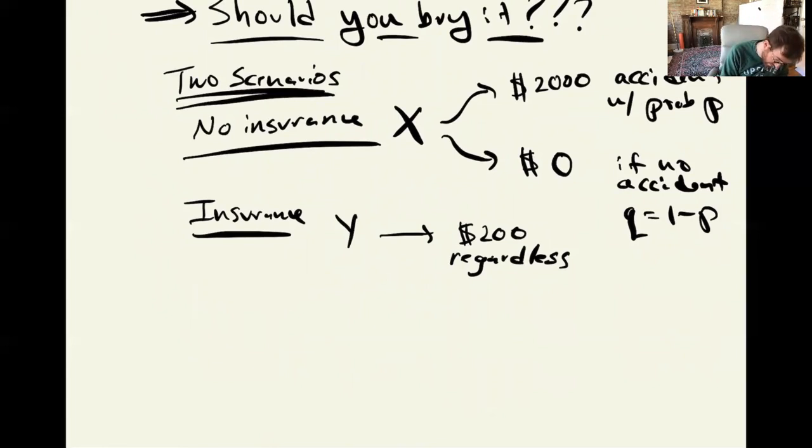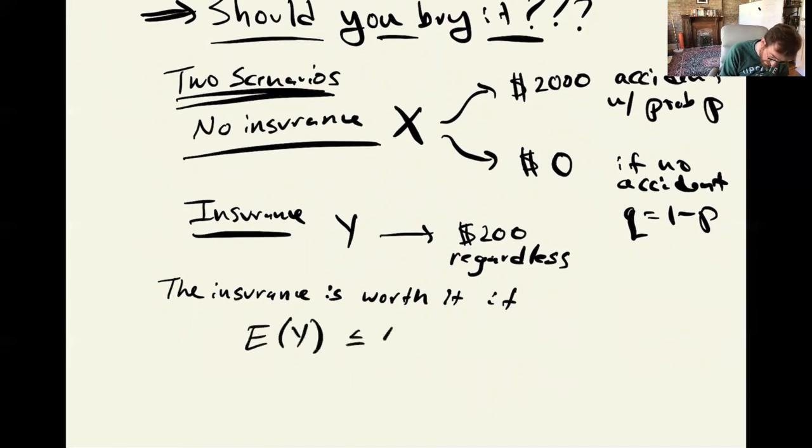So the insurance is worth it if the expectation of Y is less than or equal to the expectation of X, because that's the expected amount you're going to have to pay under these two different scenarios. So obviously, the expectation of Y is just $200, and you pay that with probability 1.